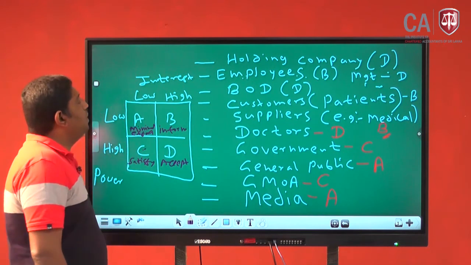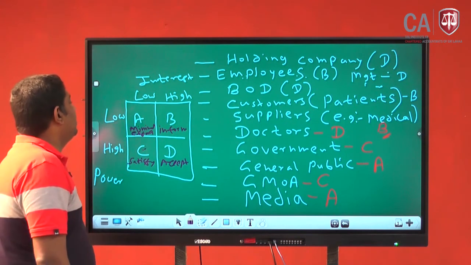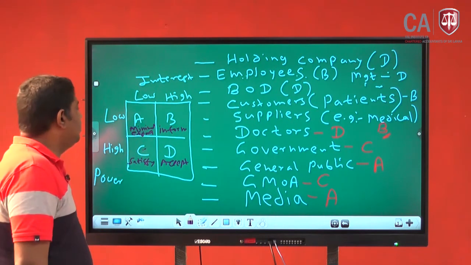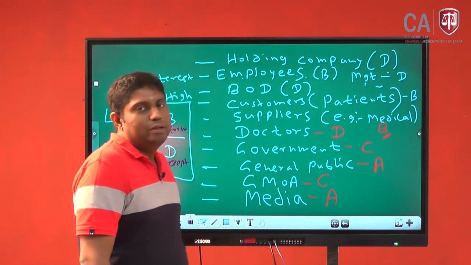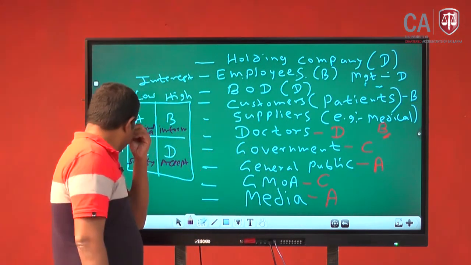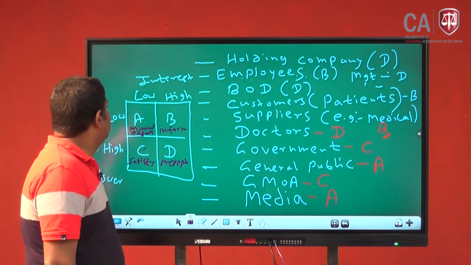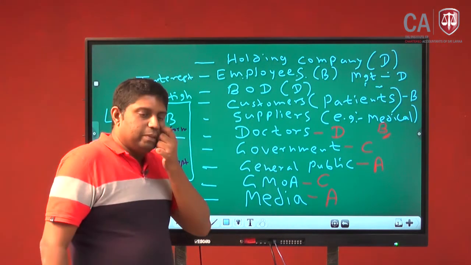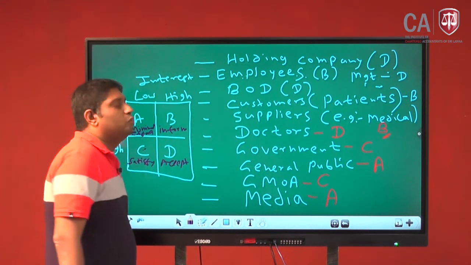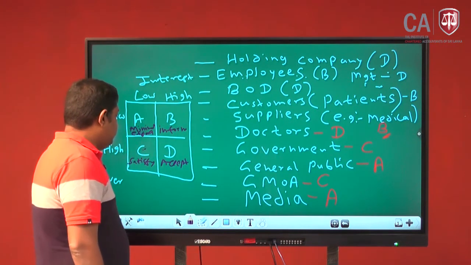Then parties like B, employees, and small suppliers, whenever we do important things, it is better for us to inform them. Then A, groups like general public and media, we do not want to put much effort, minimum effort should be put into managing them, right.